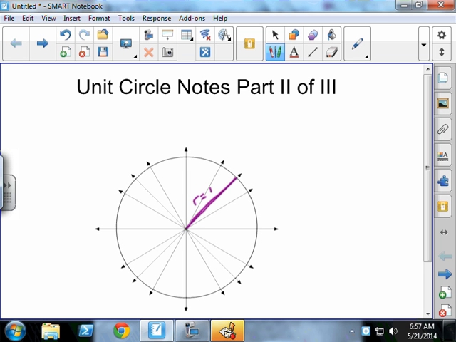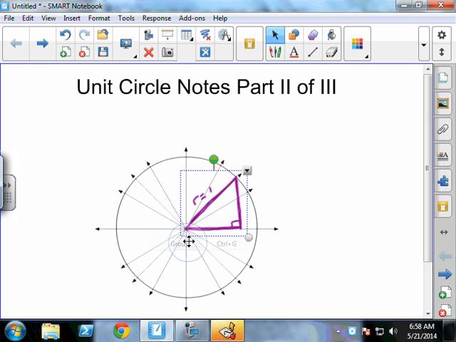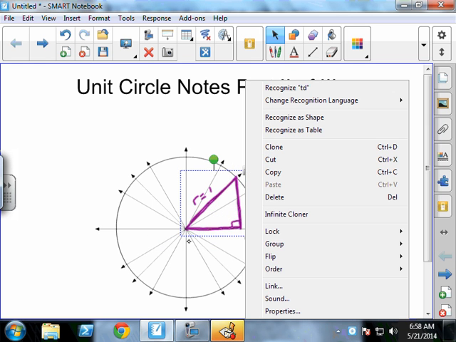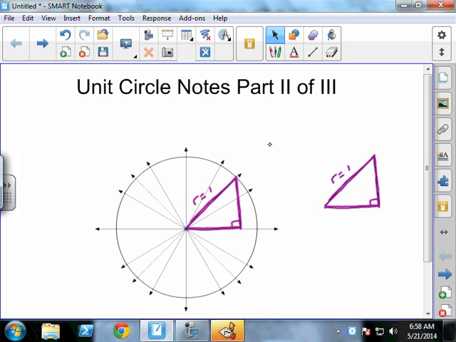And then I'm going to drop what's called an altitude, which is a vertical line from the end of that ray down to the initial ray. And then I'm going to go across with the base of this triangle. So what I've got there, if I can group all that together and cut it out of there, I'll just go ahead and clone it. What I've got, that's called a reference triangle.